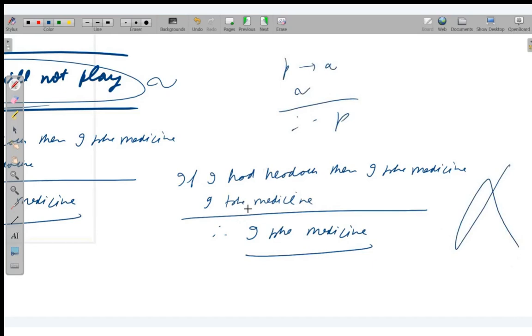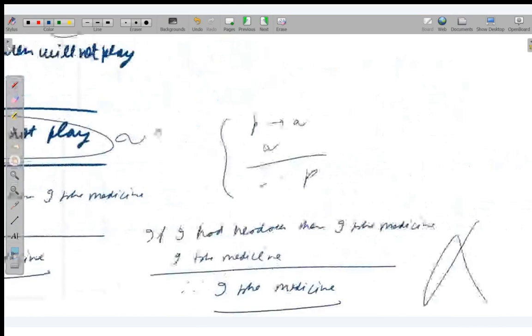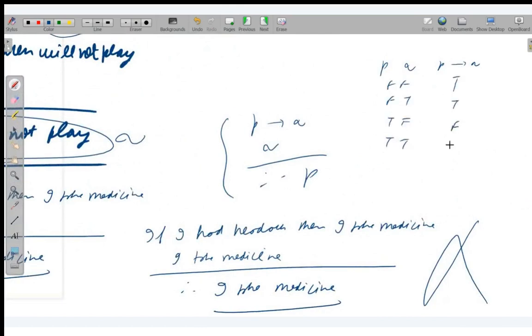How will you prove it is wrong? By logic itself, you can prove it. So I will write P, Q, and P implies Q: false, false, false; false, true, true; true, false, false; true, true, true. So P implies Q is true in these three cases that I am talking about. I will not take this case.